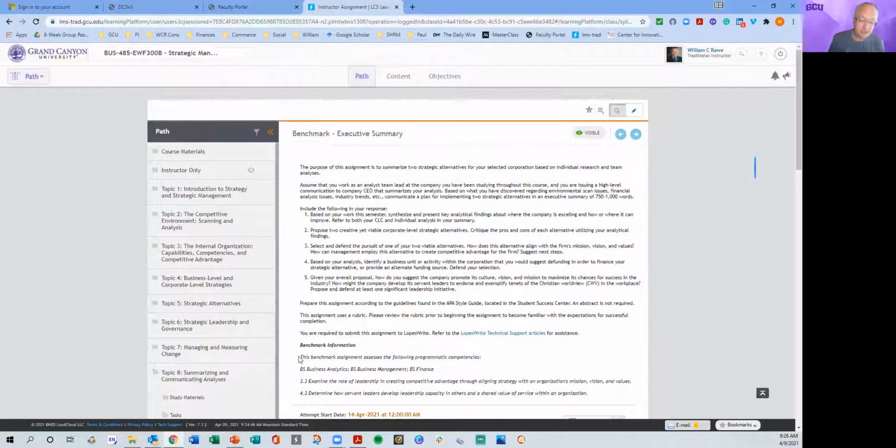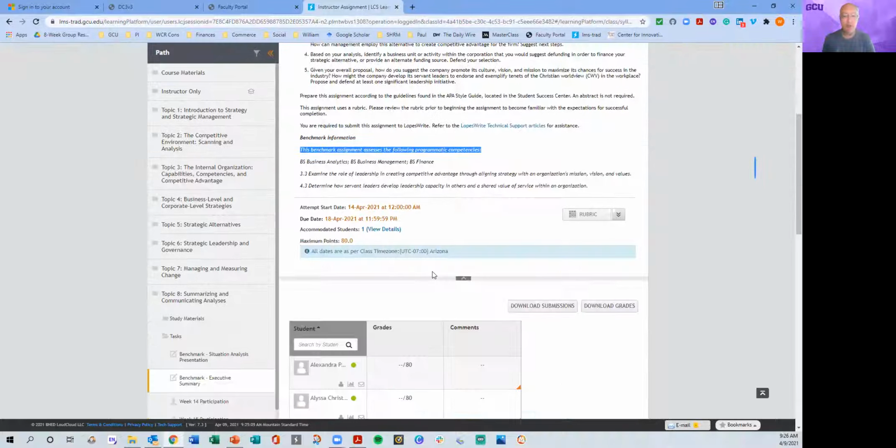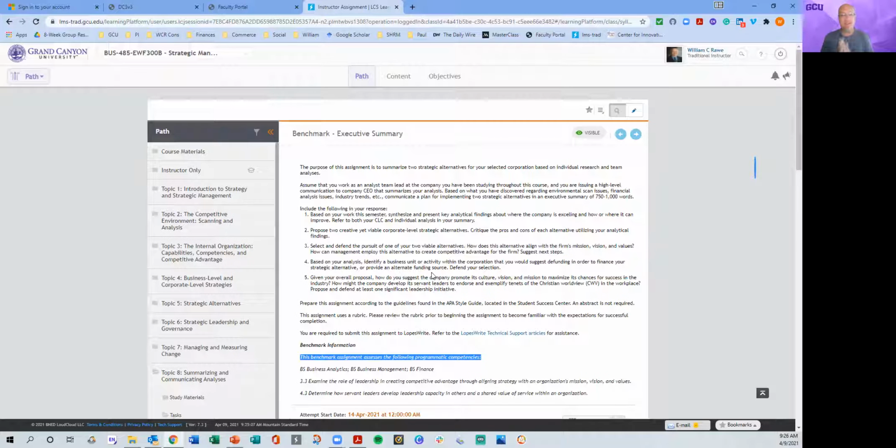You can see at the bottom, this benchmark assignment assesses the following competencies: your business analytics, business management, finance, or those are the degrees. So please follow the rubric in this. Do this to the best of your ability, support it with evidence, and you'll be fine.